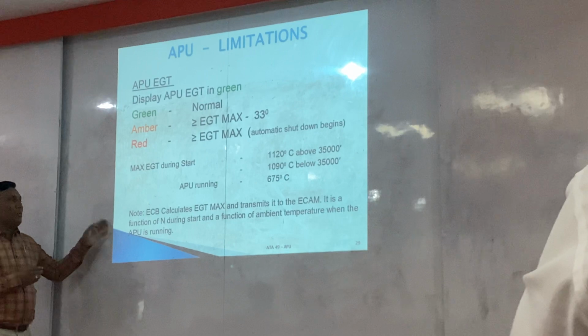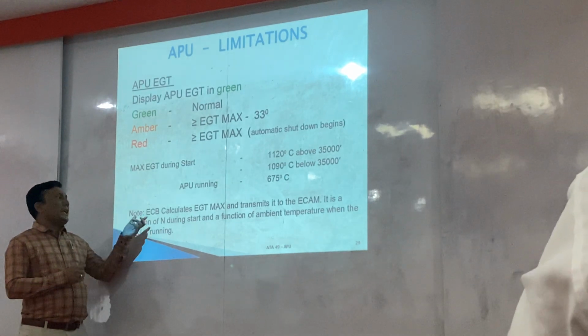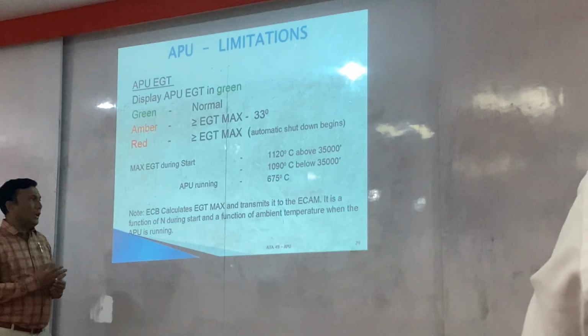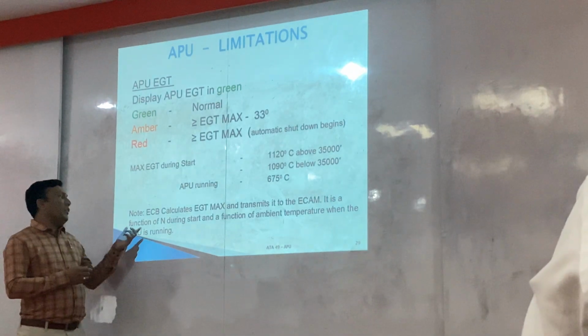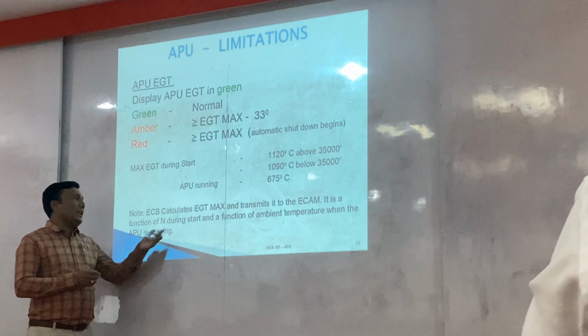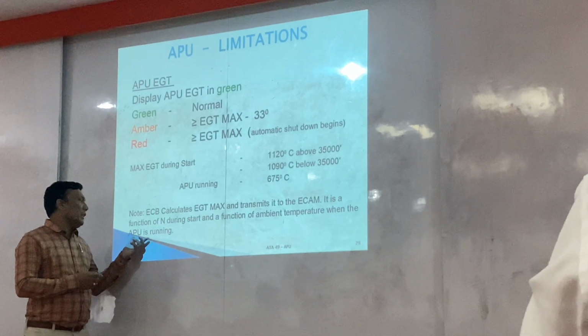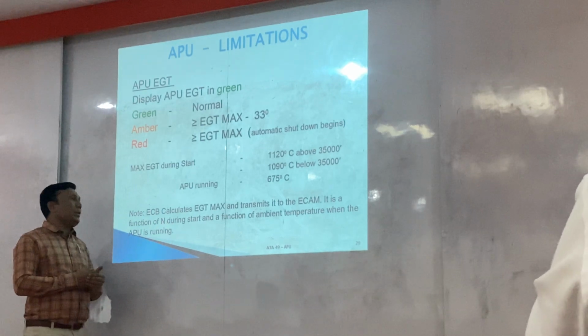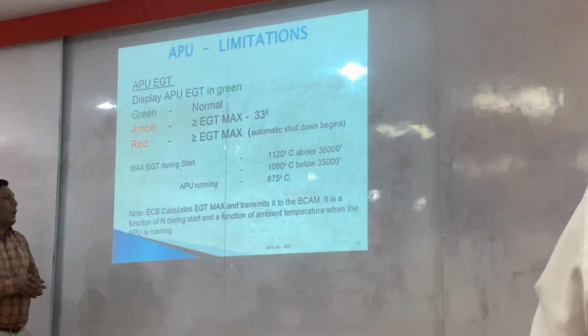There is a note mentioned here. The ECB calculates EGT max and transmits it to the ECAM. It is a function of N during start and a function of ambient temperature when the APU is running.